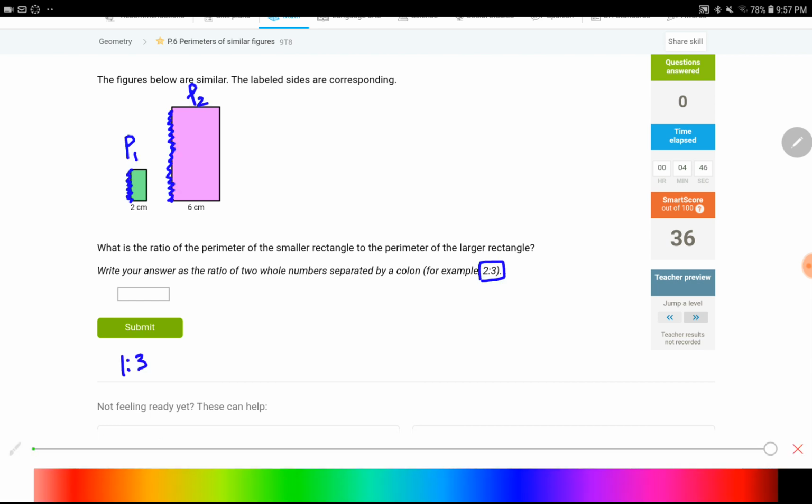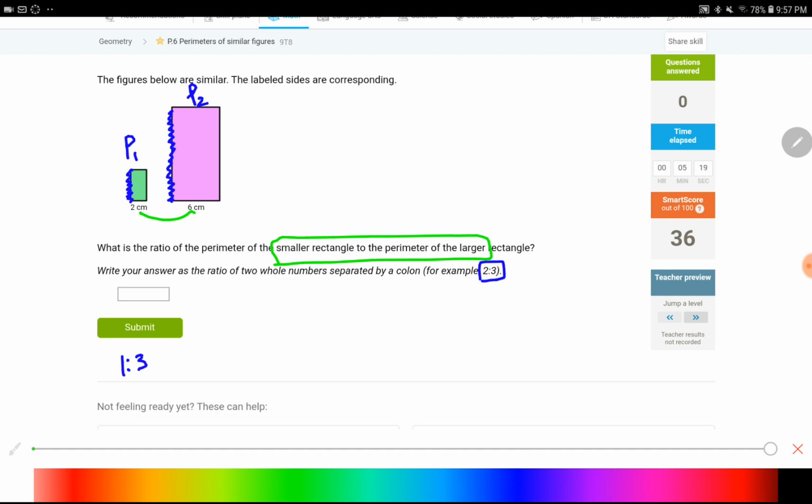So what you need to know is, since perimeter is all about adding the sides together, the ratio between the perimeters is going to be the same as the ratio between the sides. For example, it says smaller to larger. So once we figure out the ratio between 2 corresponding sides, like 2 centimeters and 6 centimeters, am I going to write 2 to 6, or am I going to write 6 to 2?